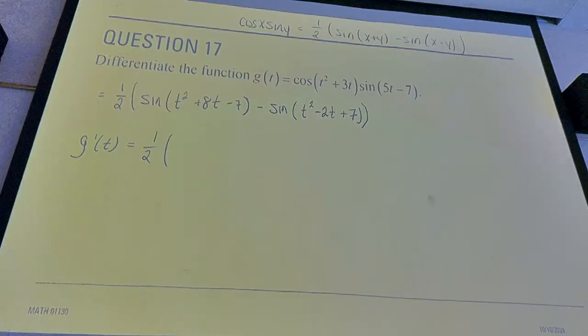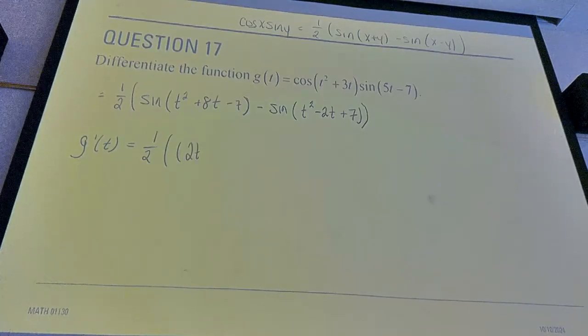Let's go term by term. What is the derivative of the first term? 2t?